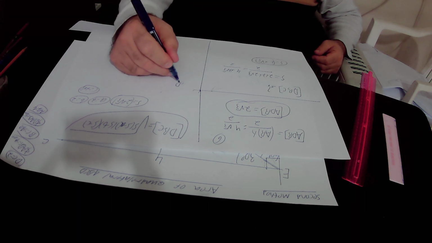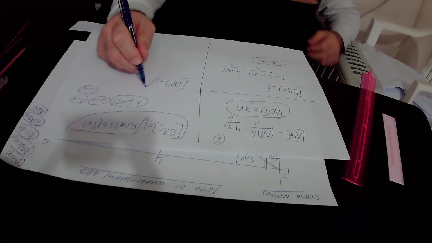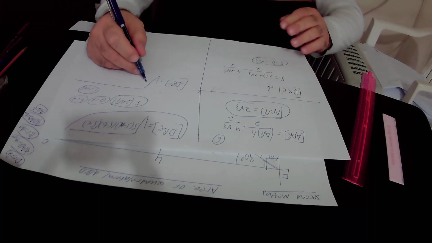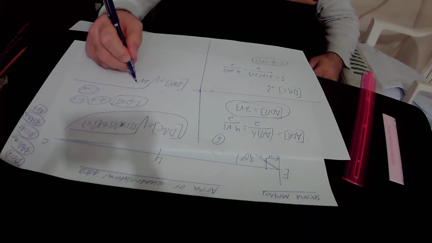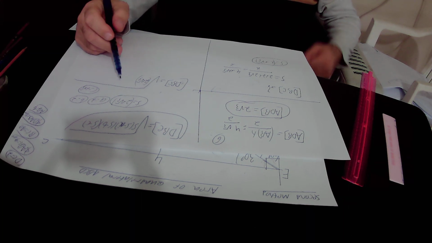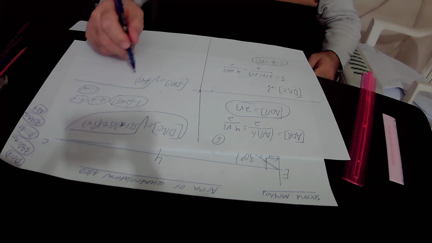The area of triangle DBC will be equal here to the square root of S, which is 2 plus square root of 3 units, times S minus A, which is 2 plus square root of 3 minus 2, is square root of 3 units.